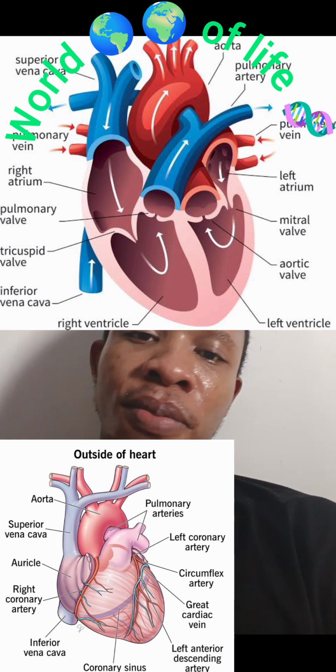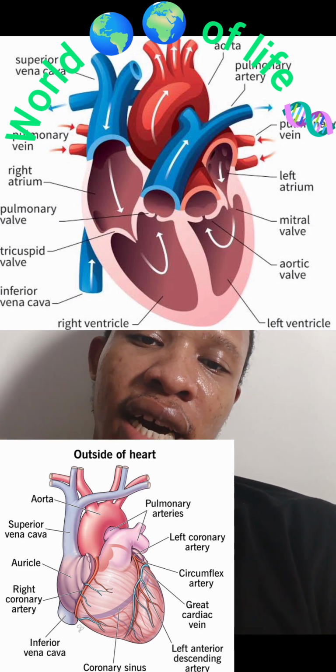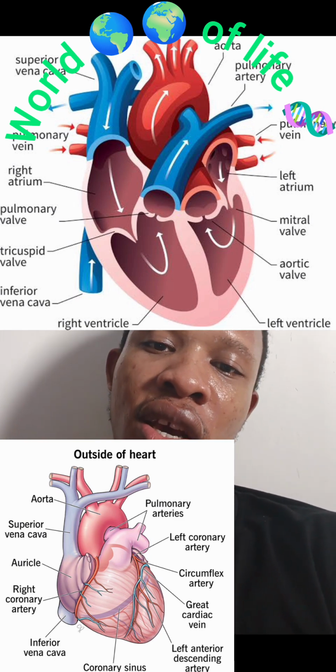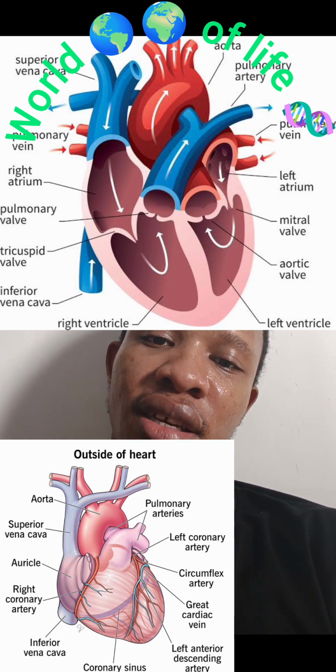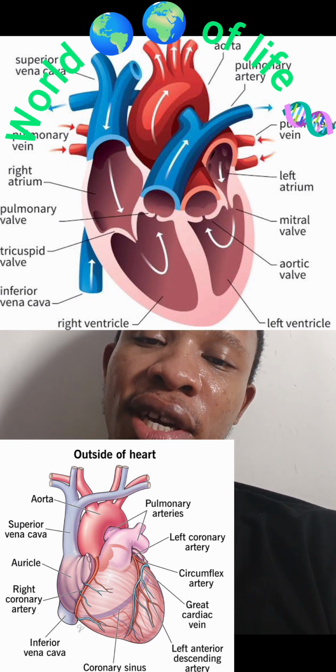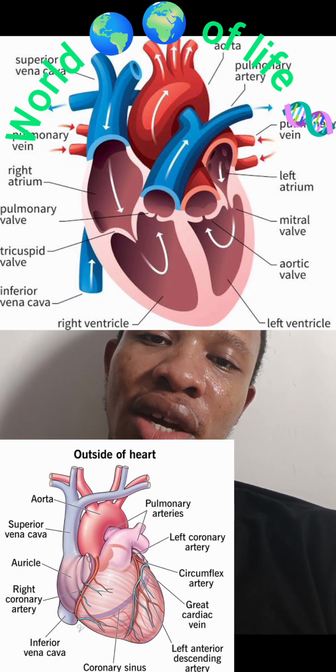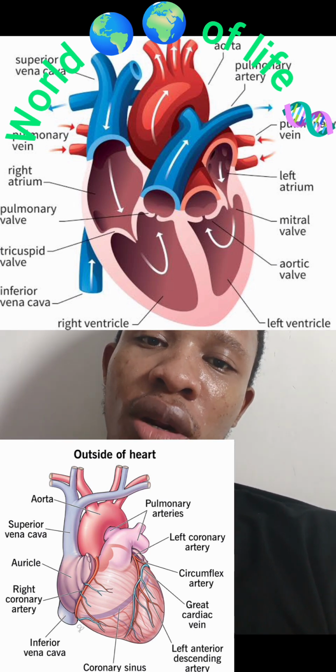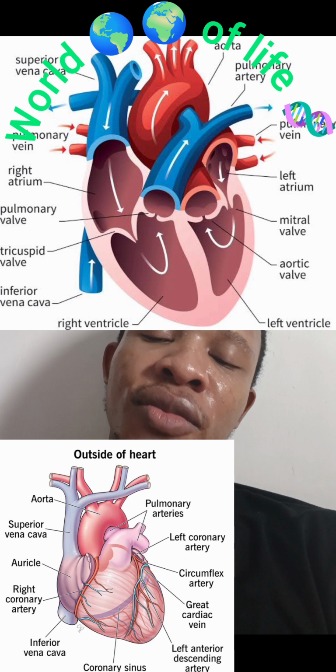The heart has four chambers, which are the left auricle and the right auricle, the left ventricle and the right ventricle, and it is divided into two equal parts by a wall we call the septum.